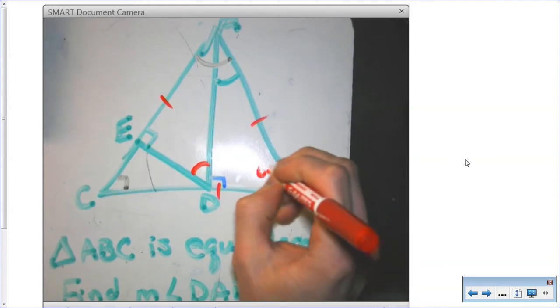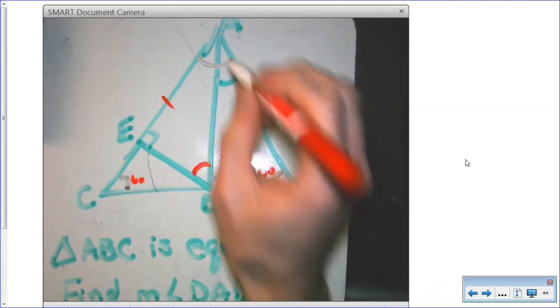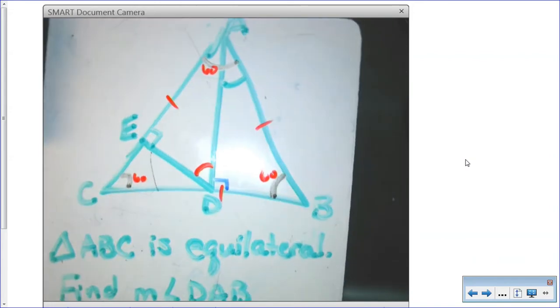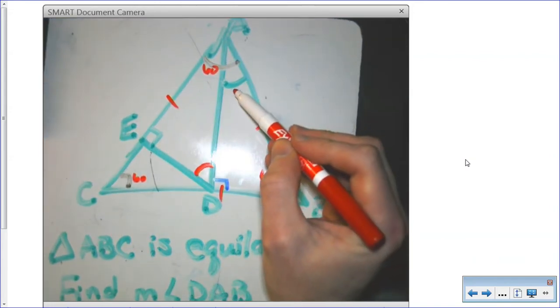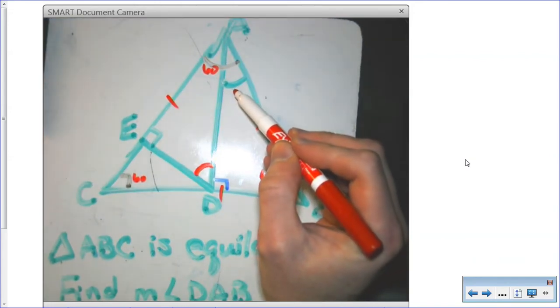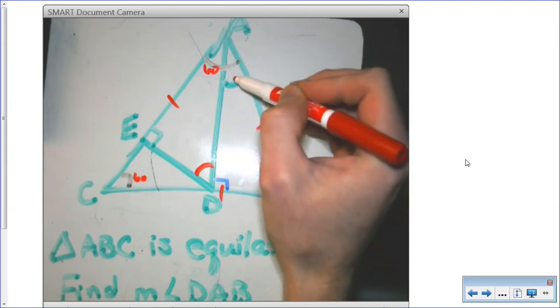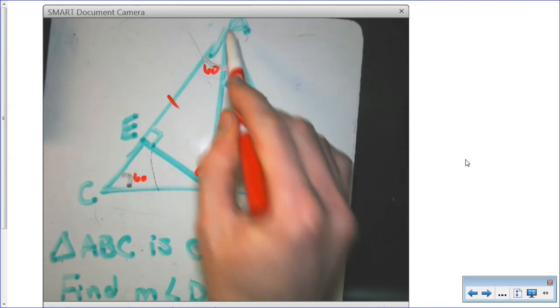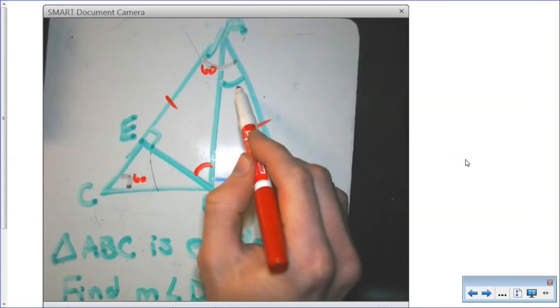So if this is 60, this is 60, this whole angle arc, okay, is 60. Notice I didn't write the 60 over here by this smaller angle arc, which is referring to part of this angle. Now what I can do is I can use right angle rules to help me find angle DAB, this part right here.